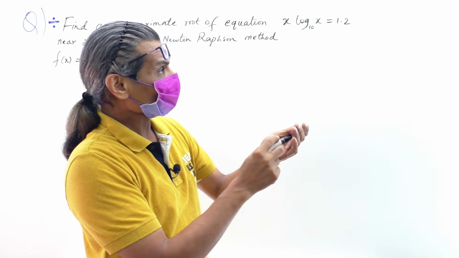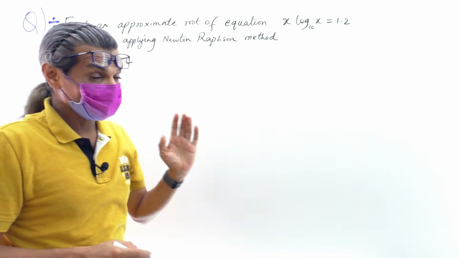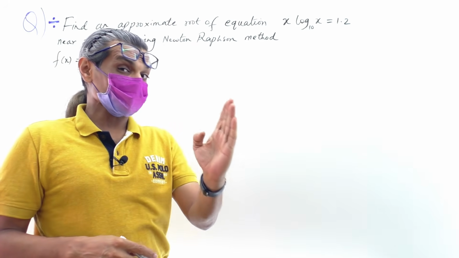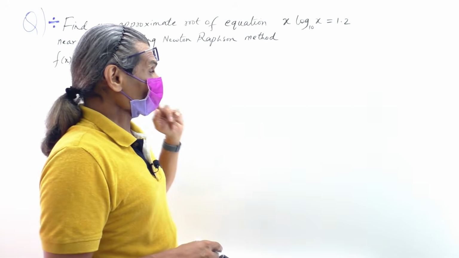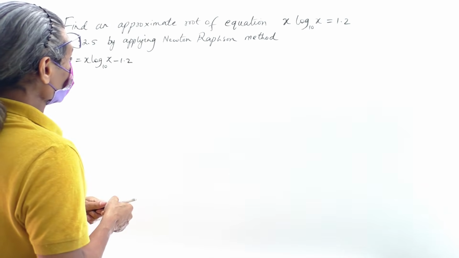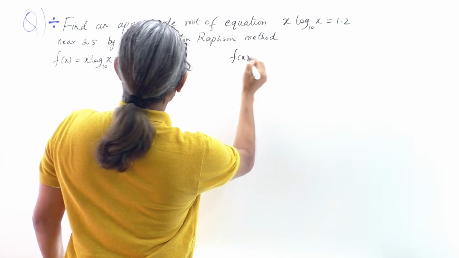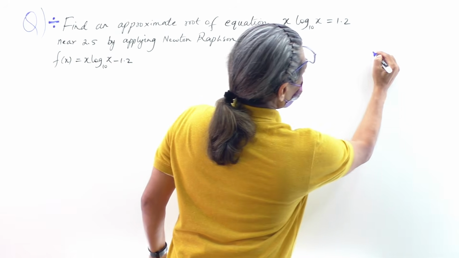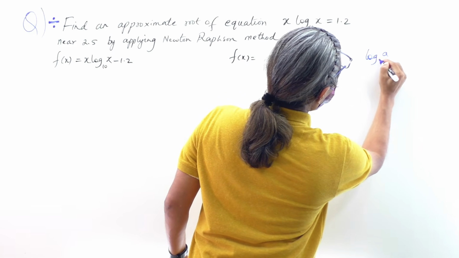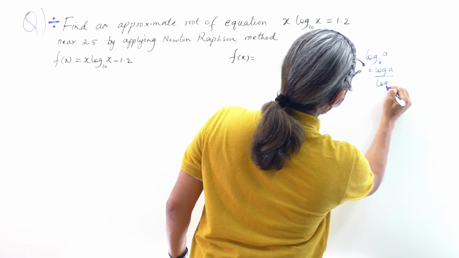Why? Because it's x log to the base 10. Differentiation of only log x, the natural log, is 1 by x. Be careful. We cannot directly differentiate. So in logarithms you have a property: log of a to the base b is equal to log of a over log of b.